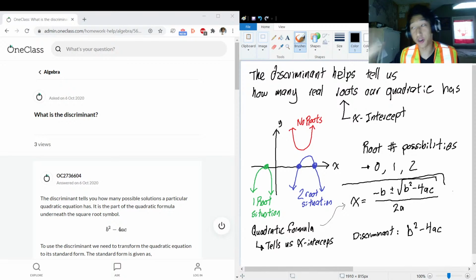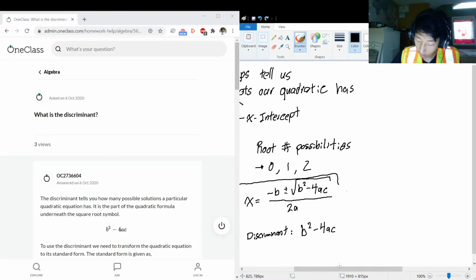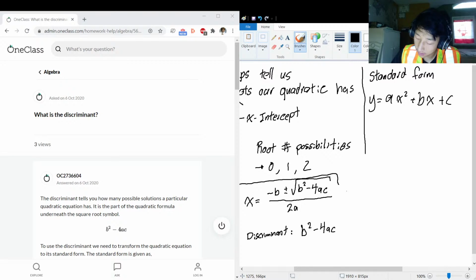Okay, let's rewind a second. Let's figure out what our a, b, and c are. So our standard form of quadratics looks a little something like this: y equals ax squared plus bx plus c.